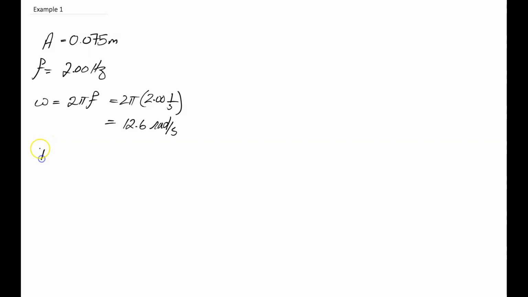The period then is 1 over the frequency, so it's 1 over 2 hertz, or 0.5 seconds.